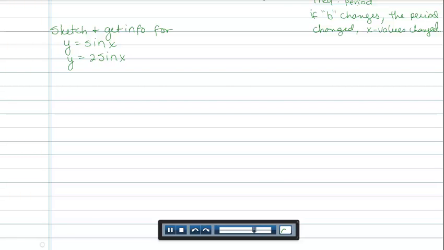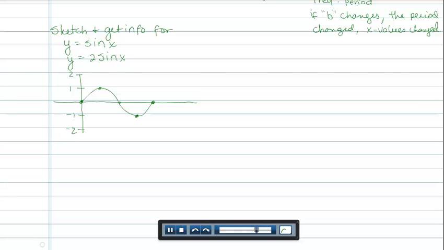Right? So y equals sine x from memory. We know it's going to start over here. We call this one 1, we can call this one 2, negative 1, negative 2. We know it's going to peak at 1, come back down, and have a minimum here and here.